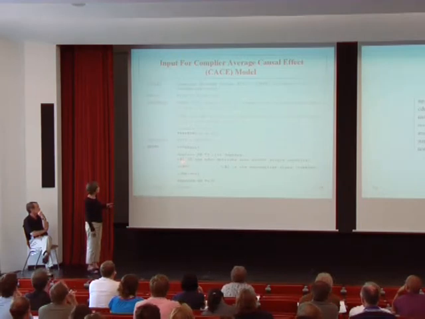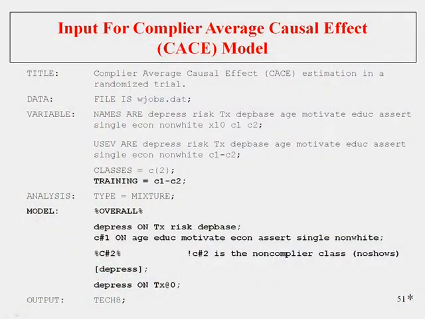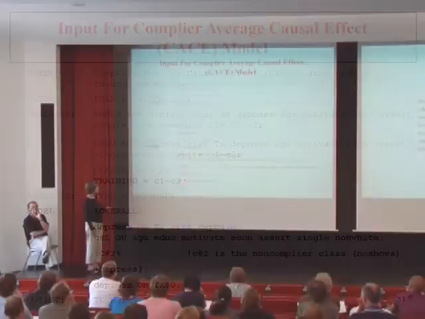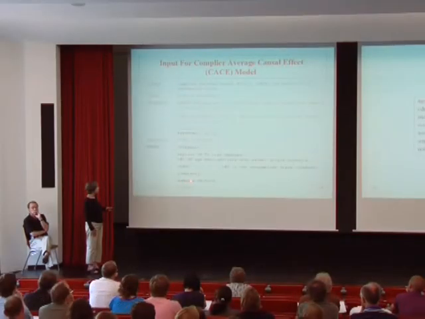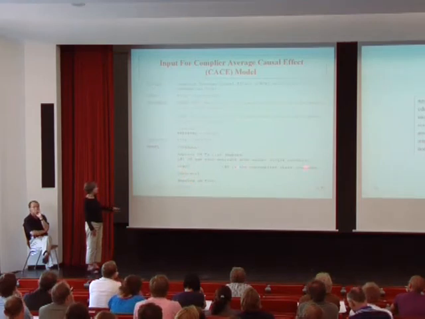So here we have that, and then you see in class 2, depression on treatment is in the overall model, which would mean that everything in the overall model is in both classes. The class-specific part just changes the overall model for that class. So as we mentioned, we wanted to have the depression for the complier class, or the non-complier class rather.